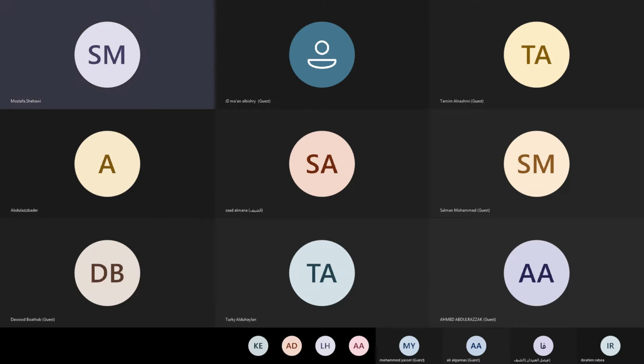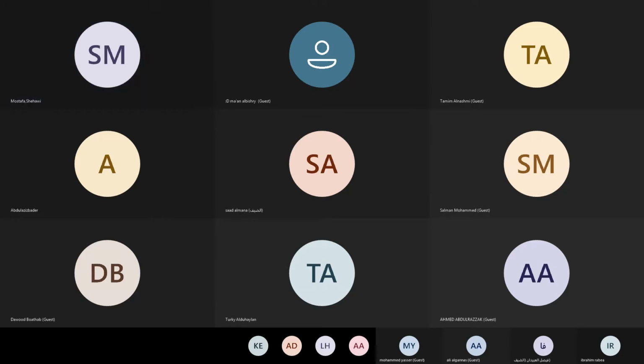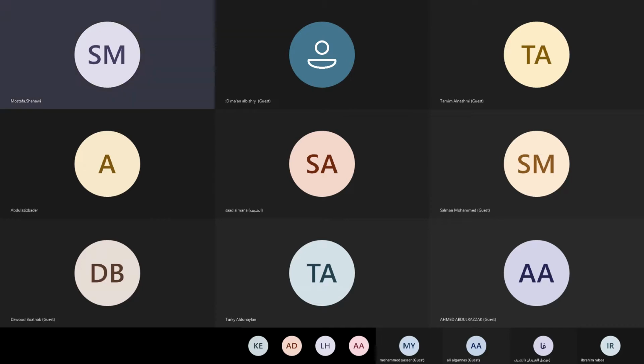Right, the hypothalamus, yes, this is a link. Why is the hypothalamus considered a link? Why do we consider it like that?